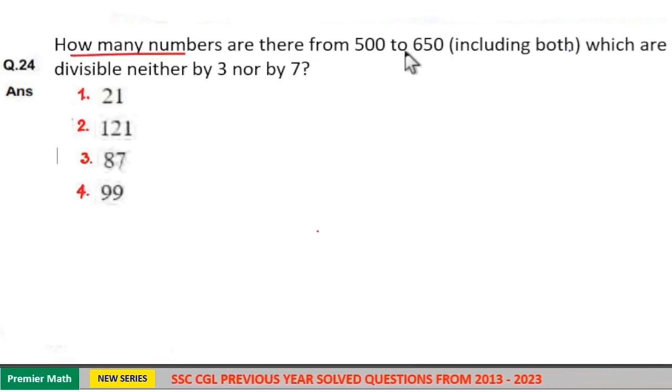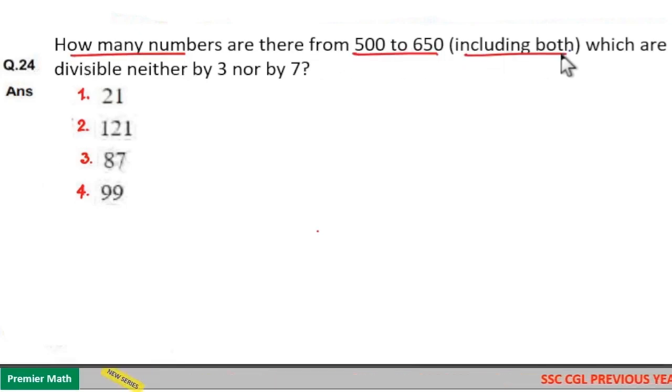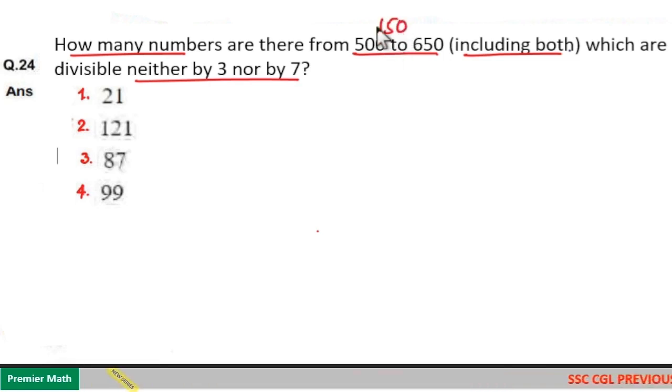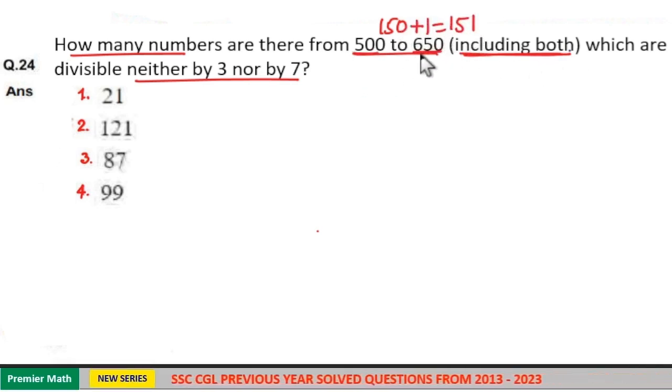How many numbers are there from 500 to 650, including both, which are divisible neither by 3 nor by 7? Here the difference from 500 to 650 is 650 minus 500, 150. But the question says including both, so 150 plus 1, 151 numbers, including both 500 and 650.